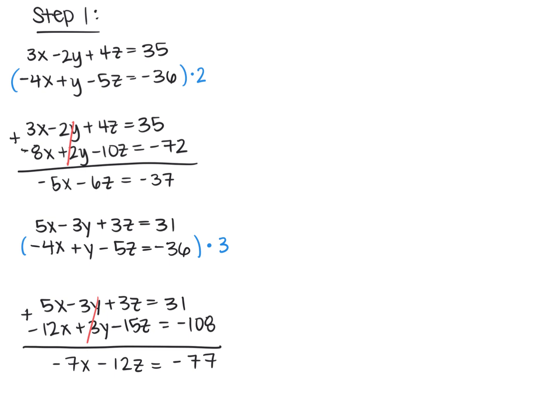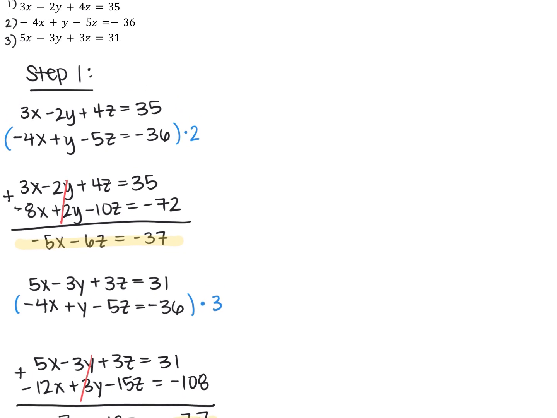We now have two equations. We have negative 5x minus 6z equals negative 37, and we have negative 7x minus 12z equals negative 77. When you eliminate a variable, you want to make sure that the two equations you have have the exact same variables in them. So we have two equations with x and z only.